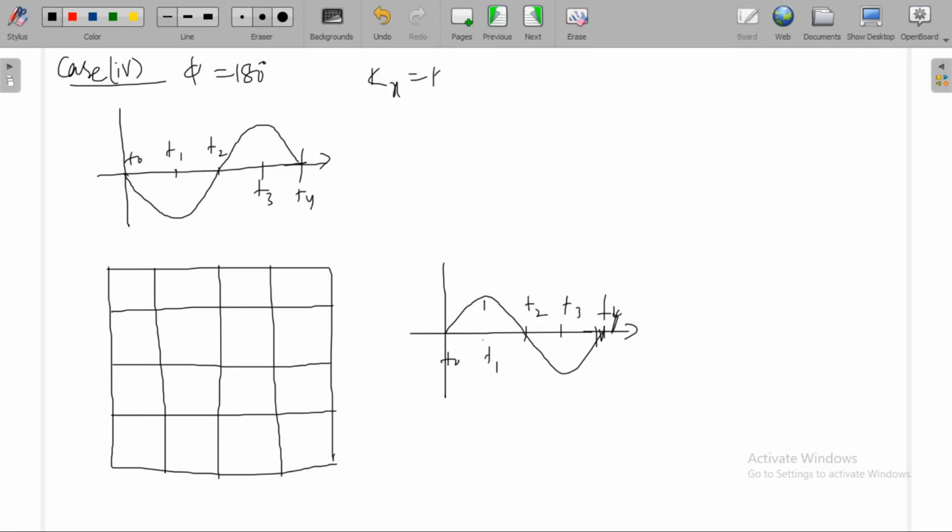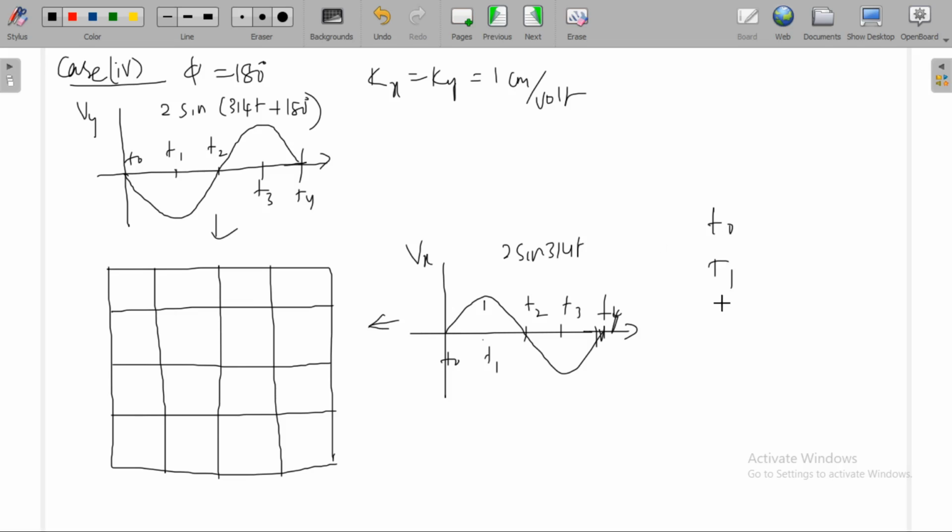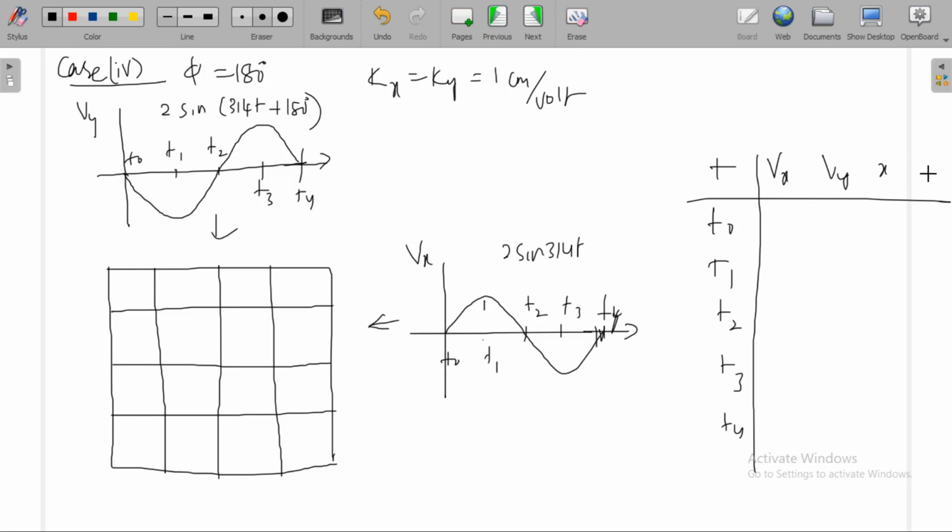Anyhow, kx is equal to ky, which is equal to 1 centimeters per volt. Now Vy is equal to 2 sine 314t plus 180 degrees. This will be minus 2 sine 314t. This is Vx. T naught, T1, T2, T3, T4. Next Vx, Vy, x comma y.